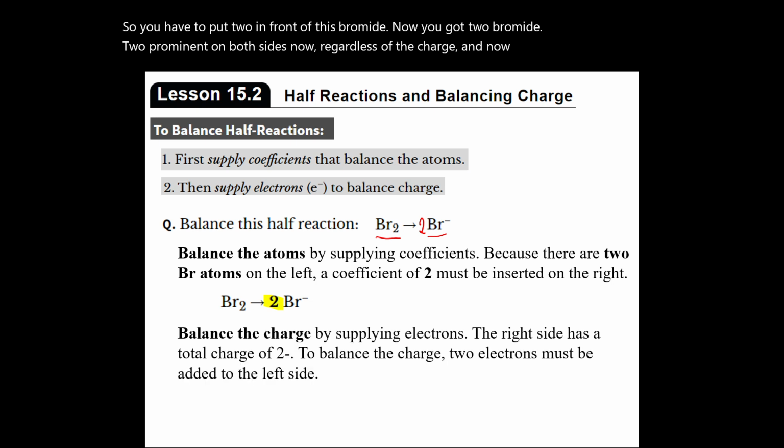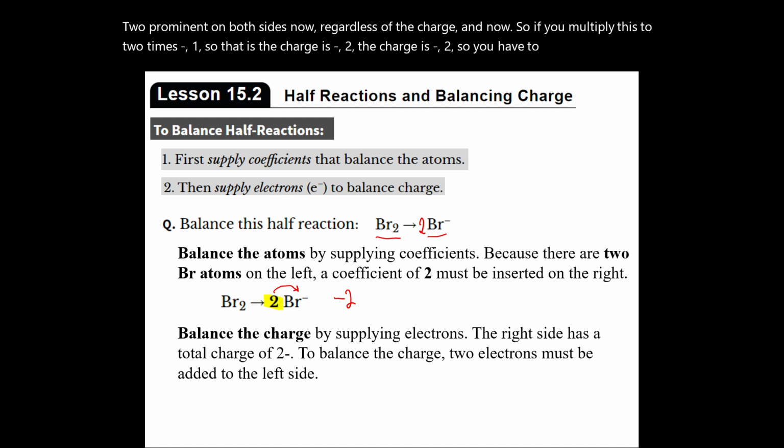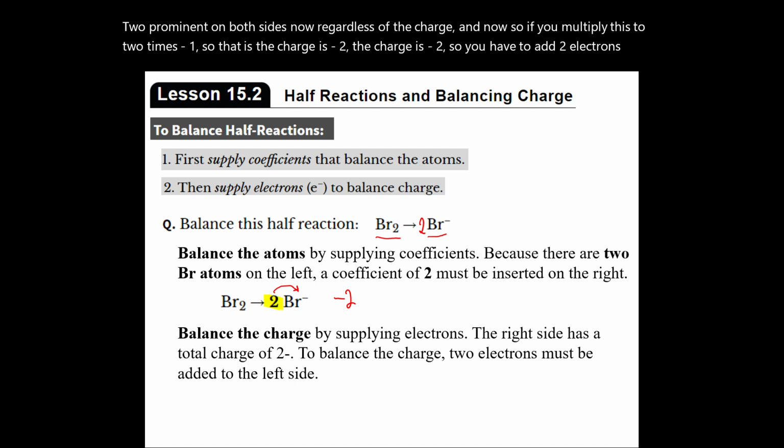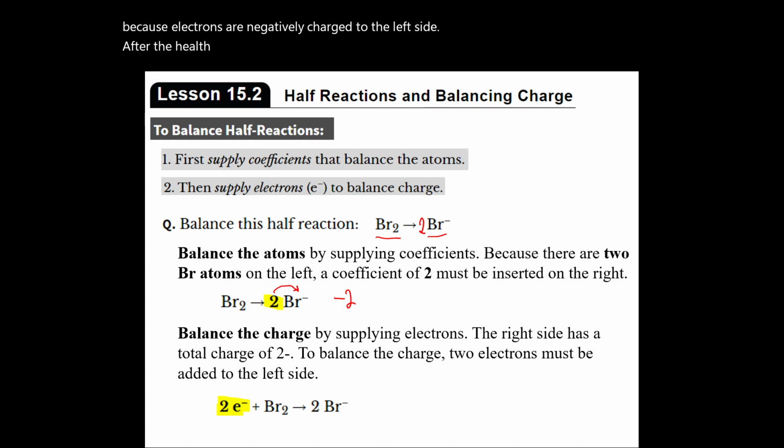Now, if you multiply this, 2 times -1, the charge is -2. So you have to add 2 electrons, because electrons are negatively charged, to the left side of the half reaction to balance the charge. Now you got -2, -2, so the charge is balanced.